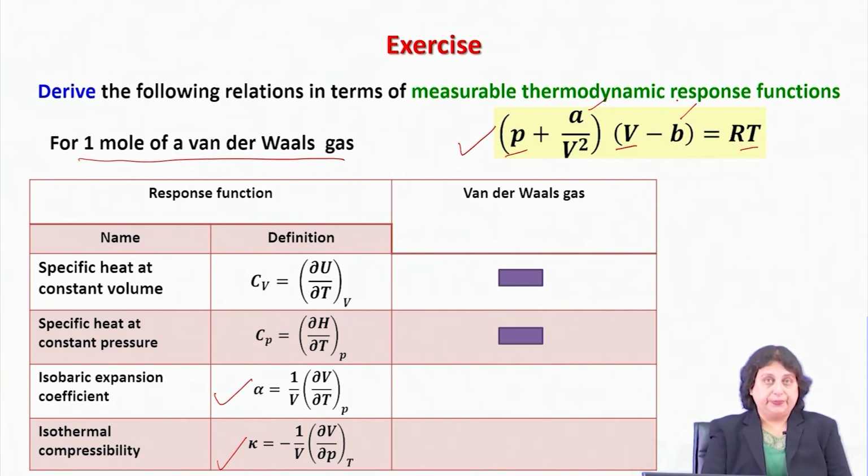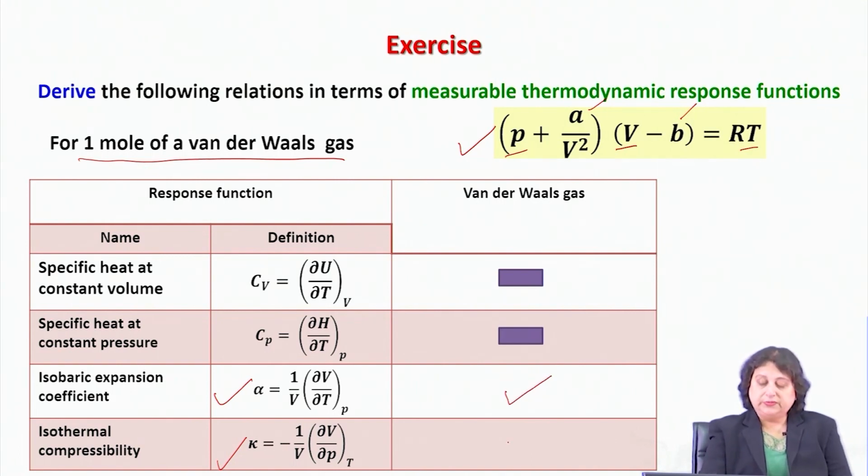Now, if you know the pressure and volume of the real gas and the temperature at which they are present, you can now play around with the expression for volume and find out what alpha is.